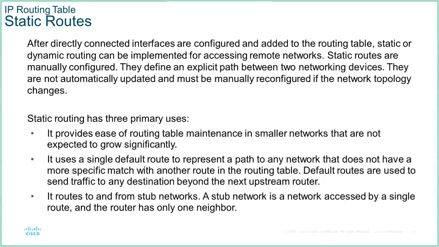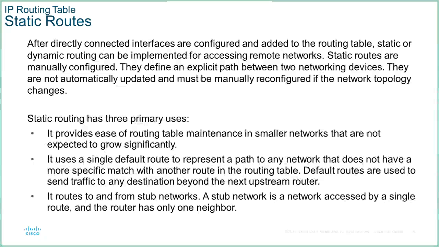Okay, so the default route can be created using a static route. And we tend to use the default route where we've only got a single path going towards the gateway.